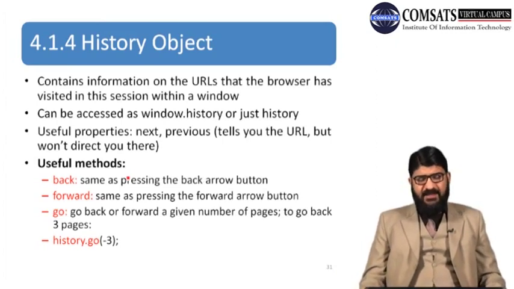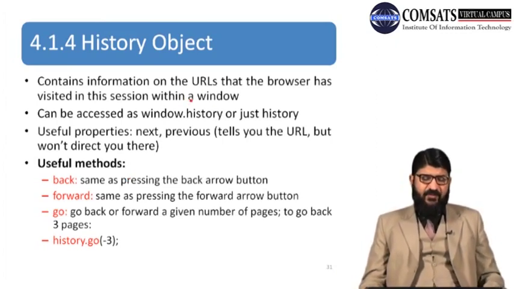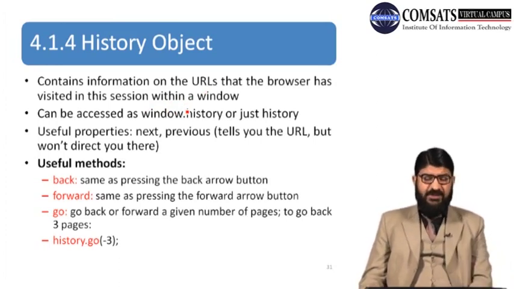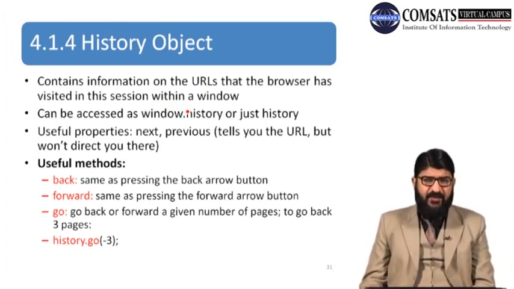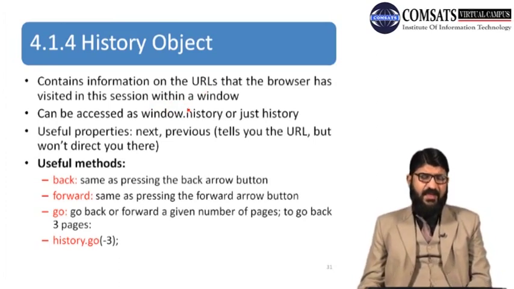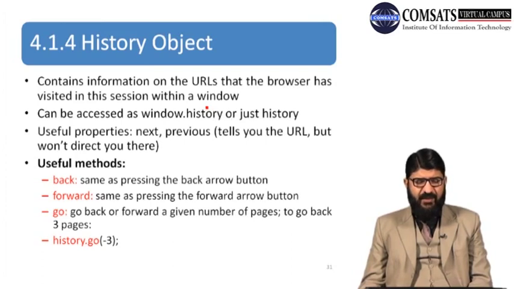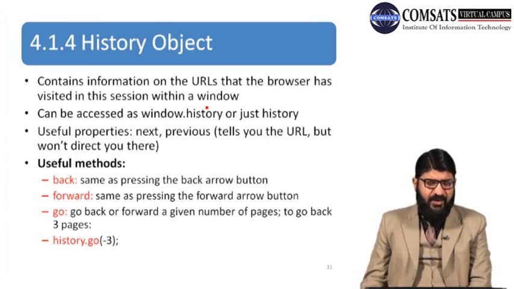History object can be accessed with the help of as window.history or just history. And the popular properties for the history objects are next and previous, where next tells you about the next URL of the browser, but it will not direct you over there.